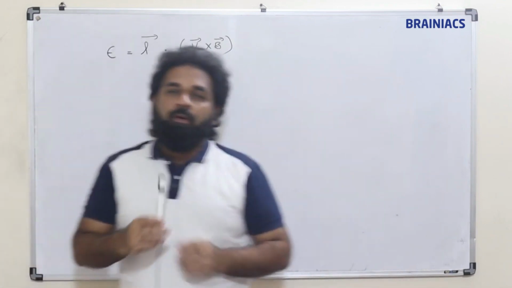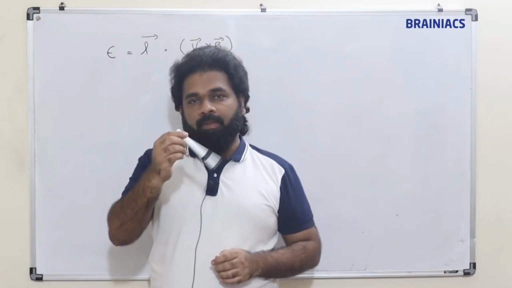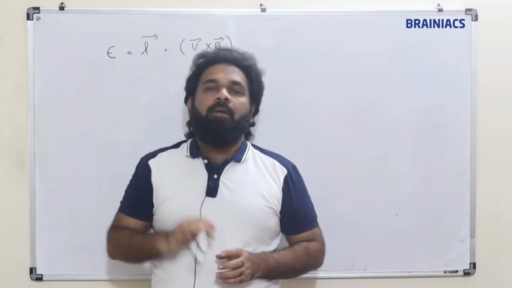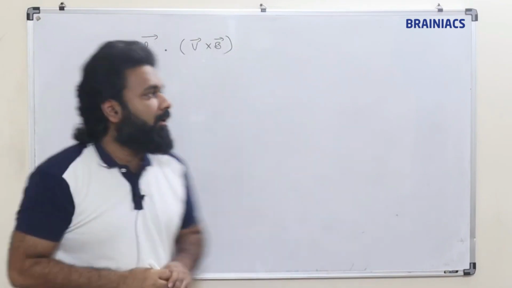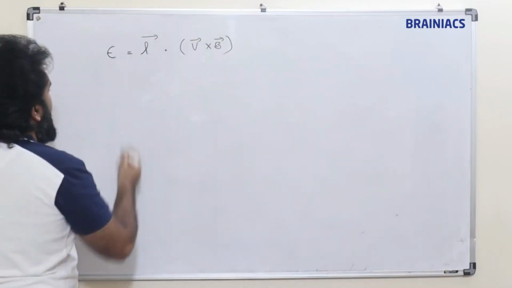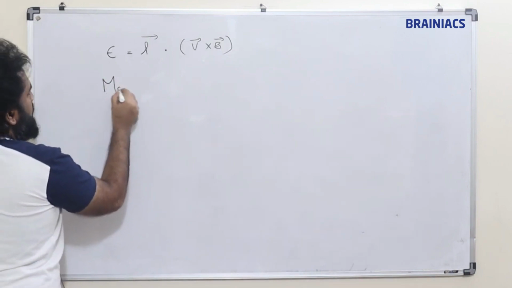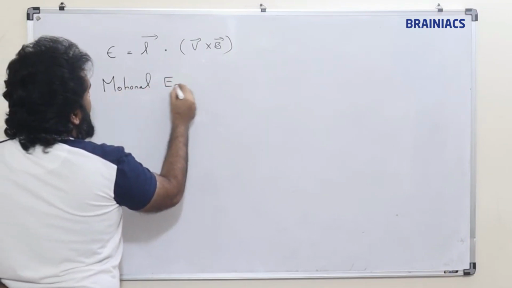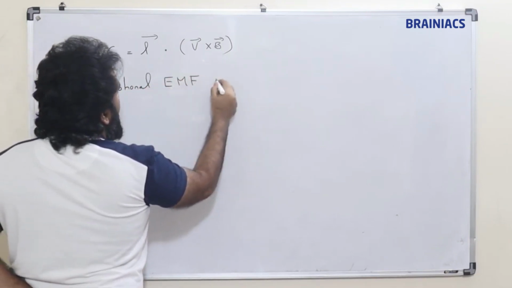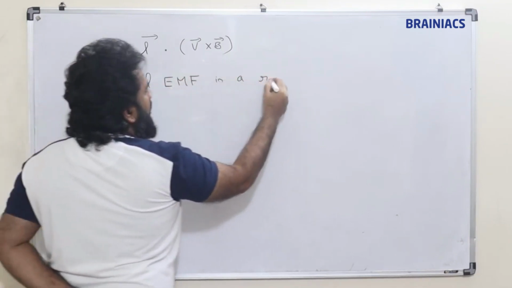Now suppose a rod is rotating. Then what will be the motional EMF? That is what we are going to see. Motional EMF, or simply we can say EMF in a rotating rod.